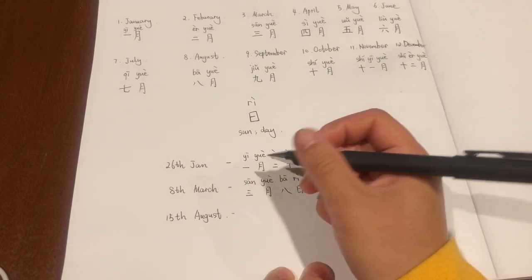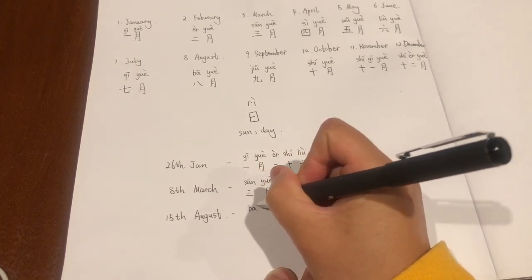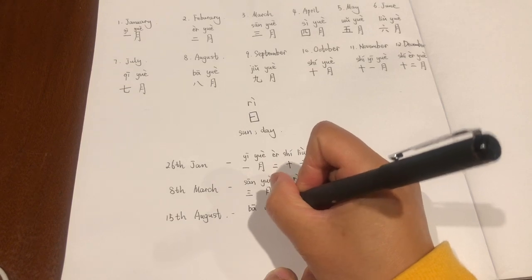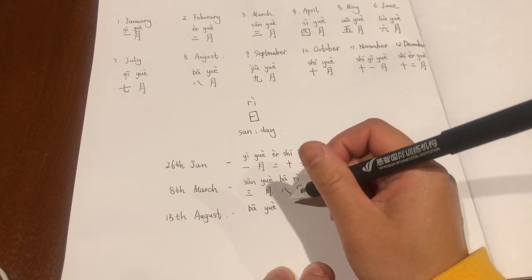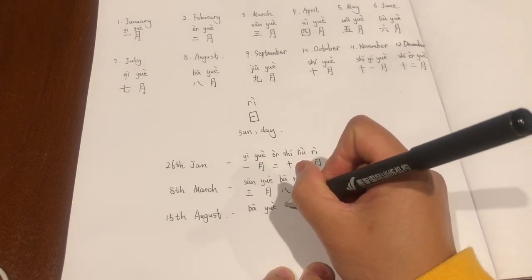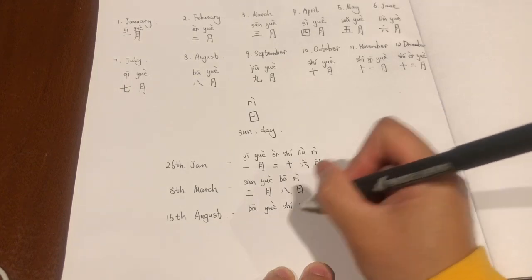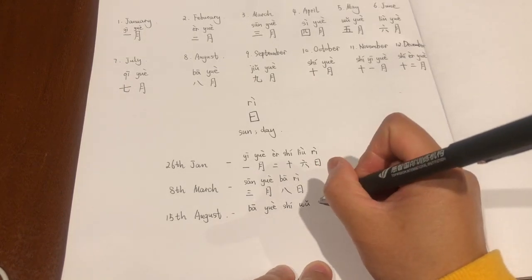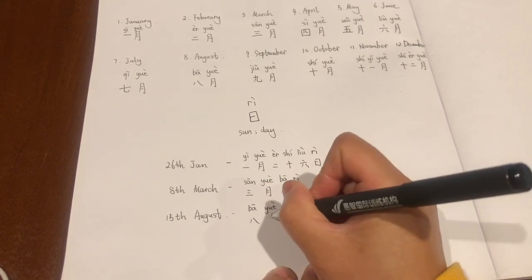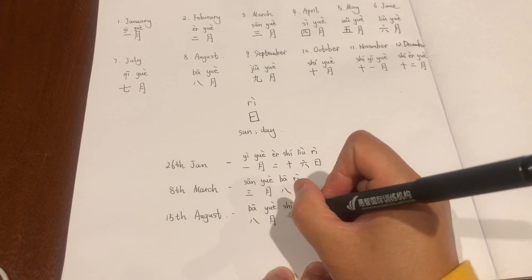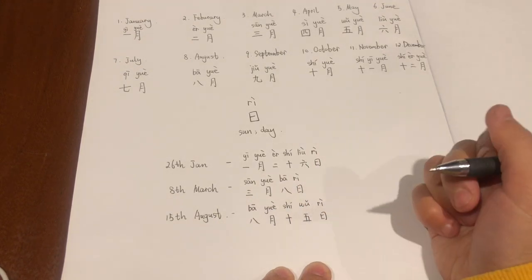August, which is the 8th month of the year, and therefore we need the number 8, and then the character 月. And then 15th, 15 is 10 and 5, which means 15. And then day, 日, right? So 8月15日.